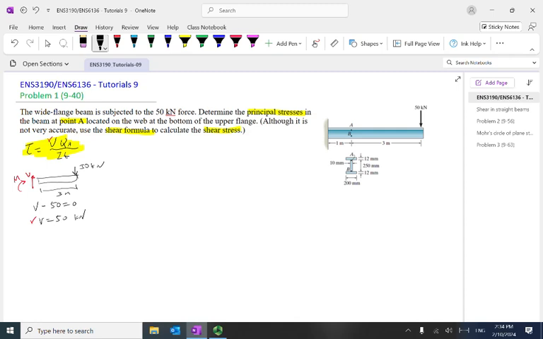So here, negative M, plus or minus, because all were clockwise, minus 50 times 3 equals 0. So M will be equal to negative 150 kilonewton meters.